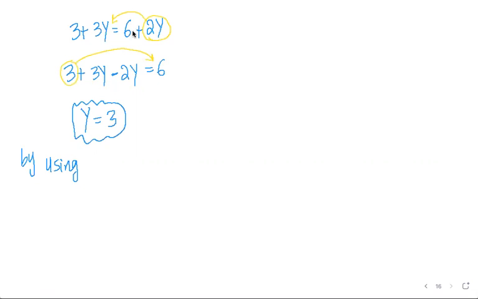Okay, let me do it step by step. So here I subtract 2y from both sides. So I get 3 plus 3y minus 2y equals 6.